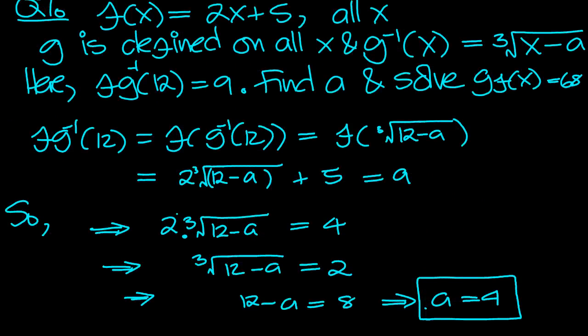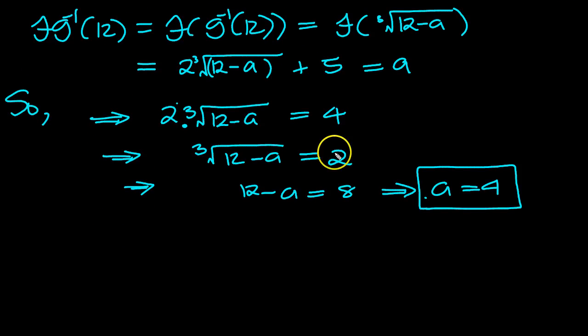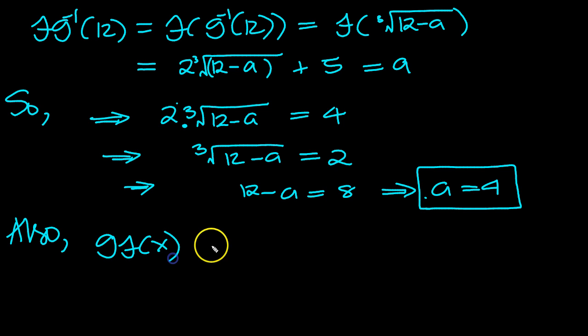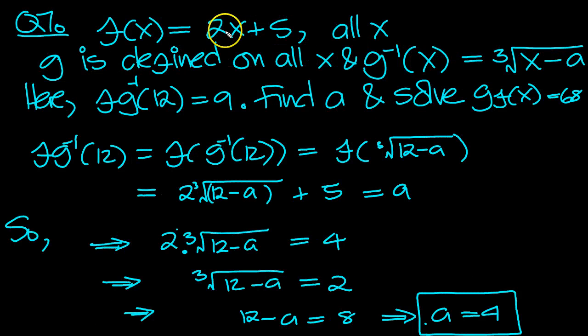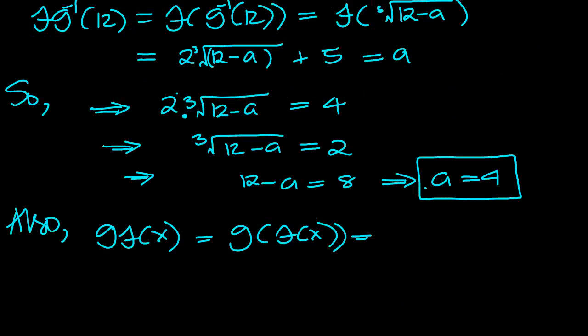Find a and solve g of f of x is 68. Now g of f of x is equal to g of f of x, and we know what f of x is. It's 2x + 5, so let's put it in.